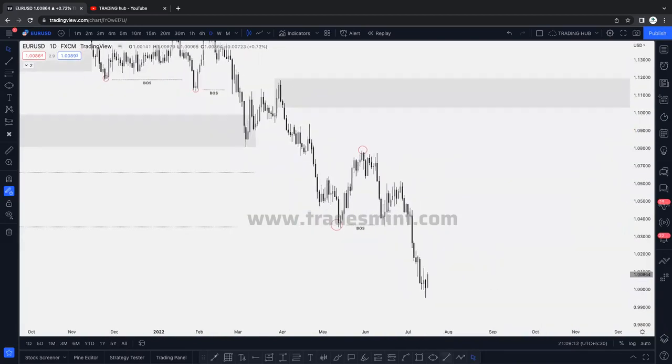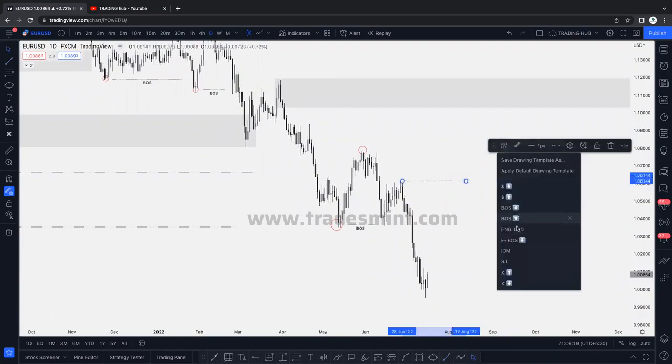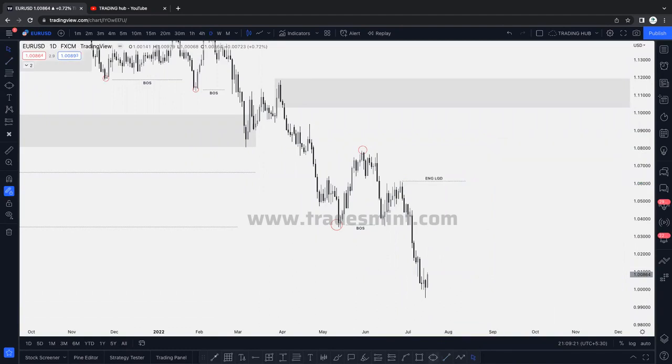And right now, this one is an extreme zone, and this one is our engineering liquidity as per the daily perspective. And this is the zone where we are anticipating a price push downside.